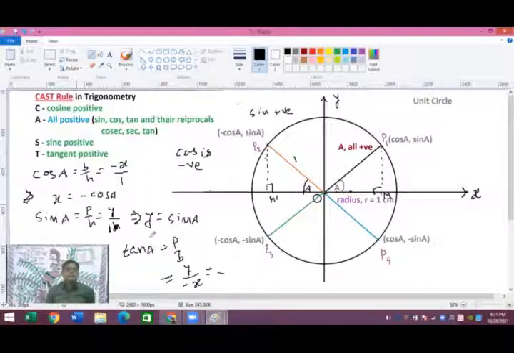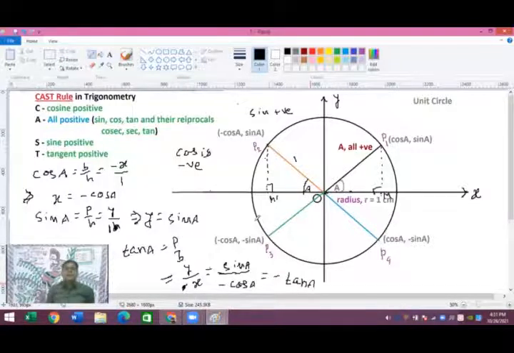P means Y, or in general Y by X. Y is sine A, so we can write here sine A, and X is minus cos A. Now take this sign outside of this ratio, so sine A by cos A is going to be tan A.